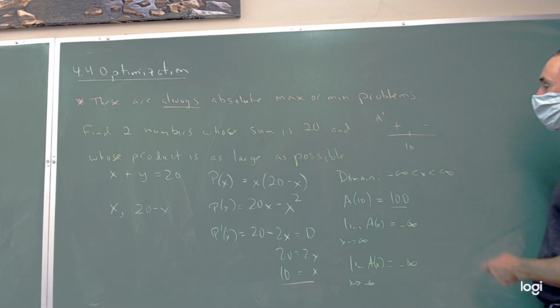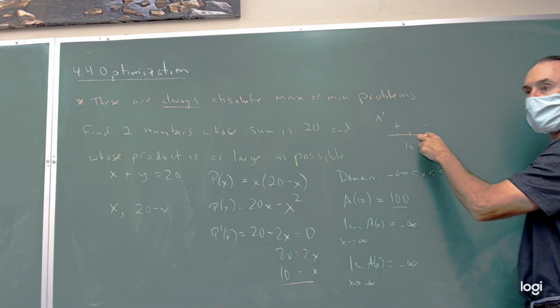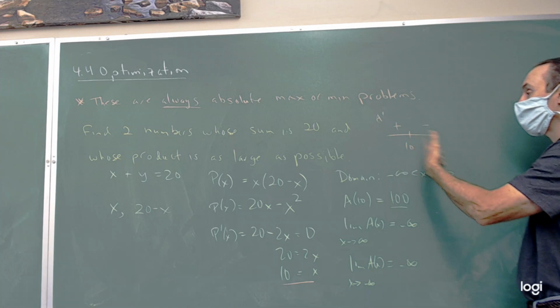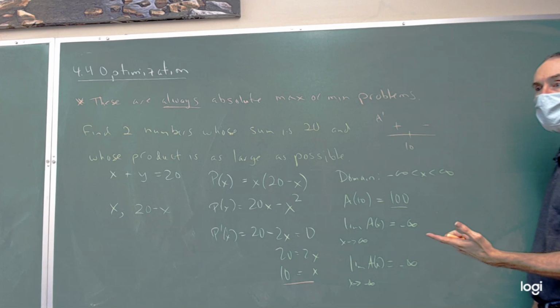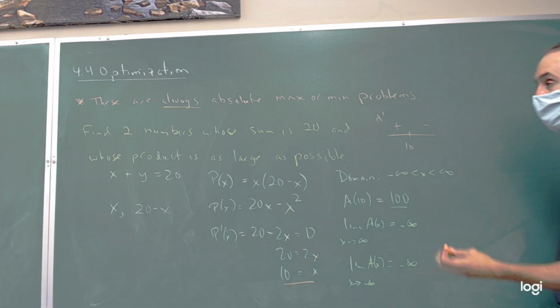So now we could make the argument that, because the derivative changes from positive to negative, this is a relative maximum. But here's the argument: because it's the only critical point on the domain, that relative maximum is actually an absolute maximum. And that's a lot to say.